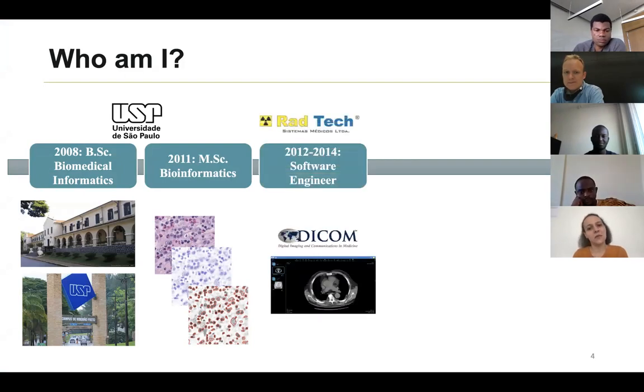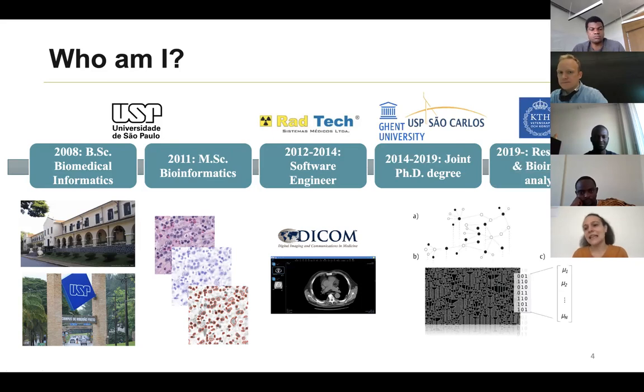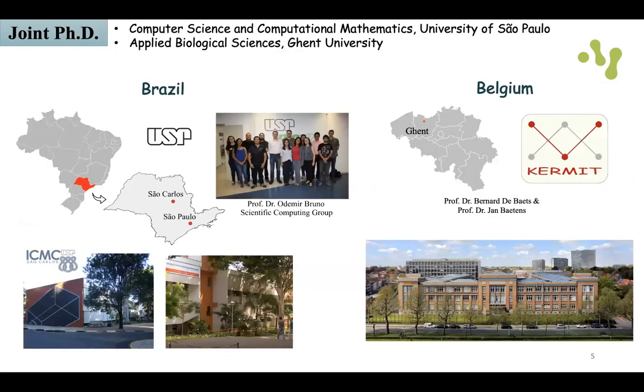I also had experience in the private sector as a software developer, this time working with radiology images. And then I did my PhD between Brazil and Belgium in computer science and applied math, and in biological and applied sciences. Then in 2019, I joined KTH, the Royal Institute of Technology, as a researcher, working mainly as a bioimage analyst in the facility.